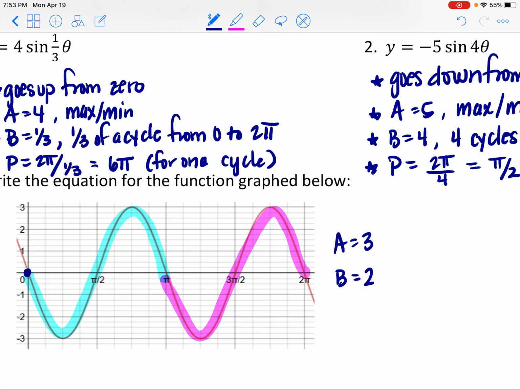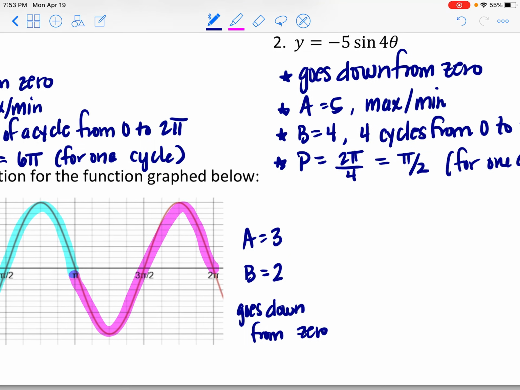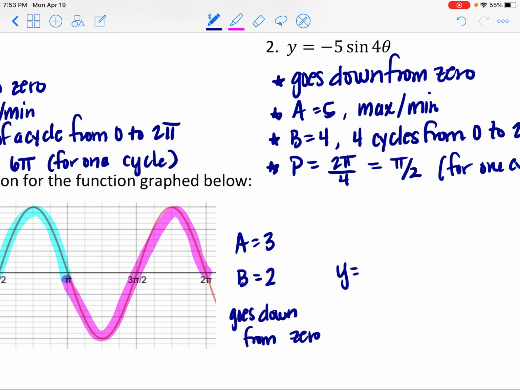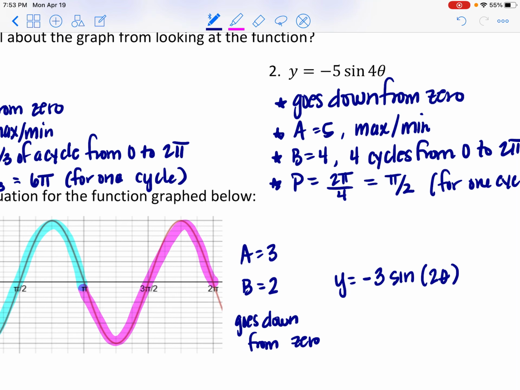And then I know that it goes down from 0. So if I wanted to write this equation for this graph, y is going to have to equal a negative amplitude of 3 times the sine of 2 theta, 2 cycles in there from 0 to 2 pi.